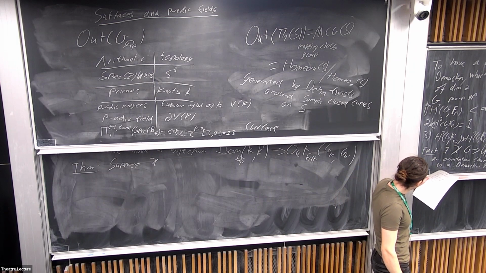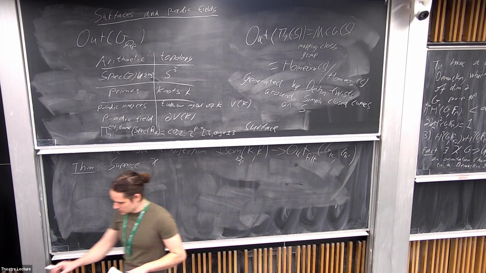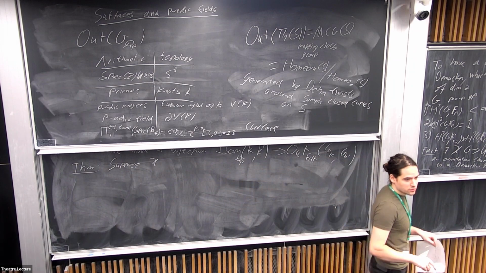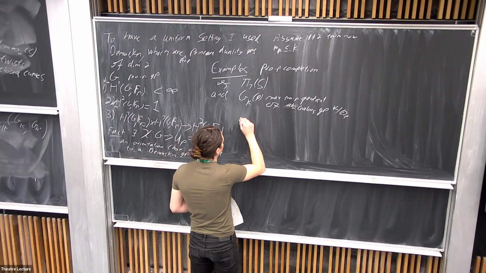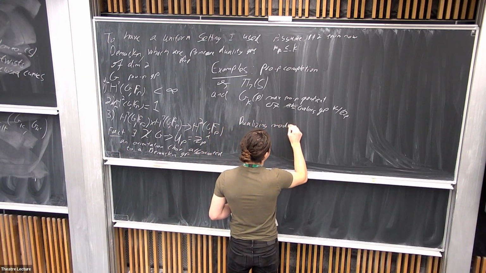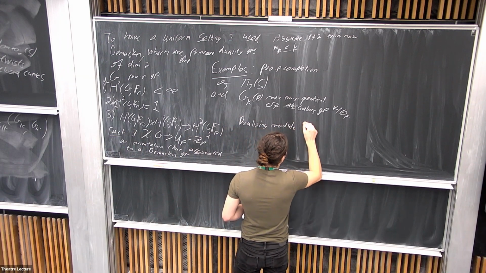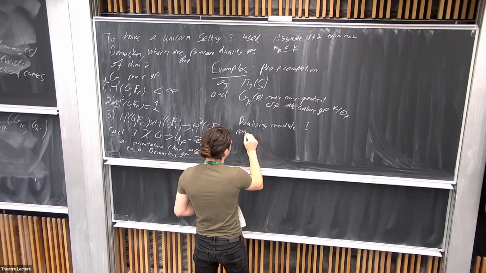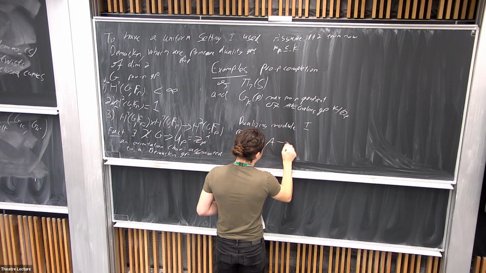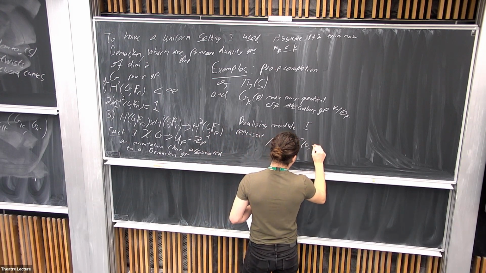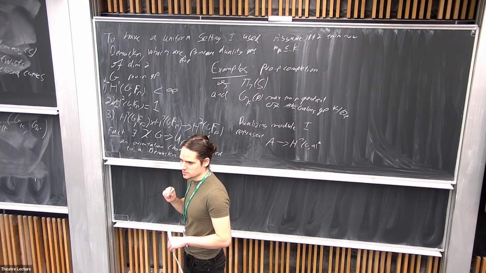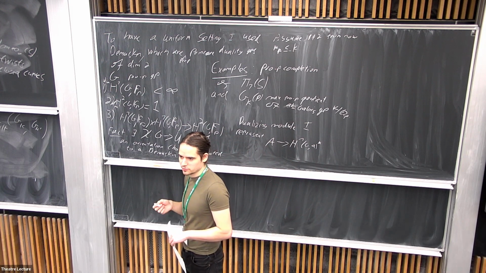You have this dualizing module, which you can prove exists, and which is isomorphic as an abelian group to Q_p mod Z_p.